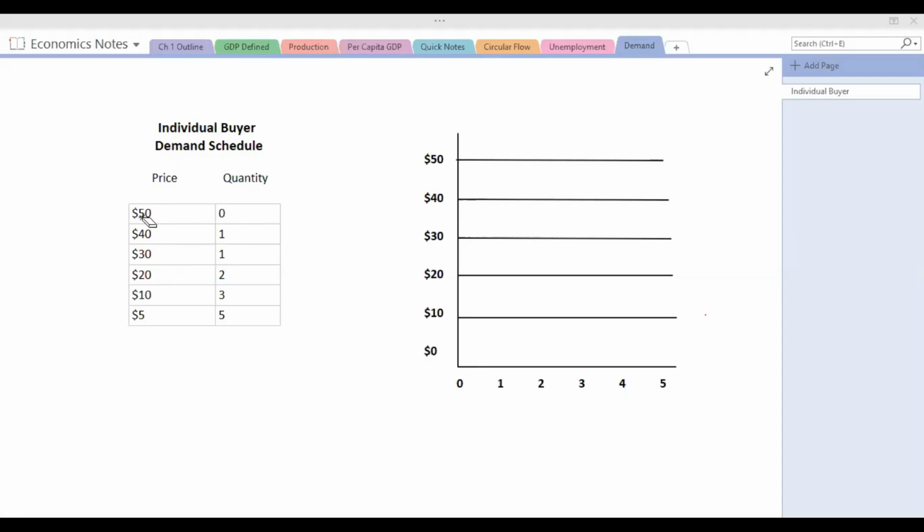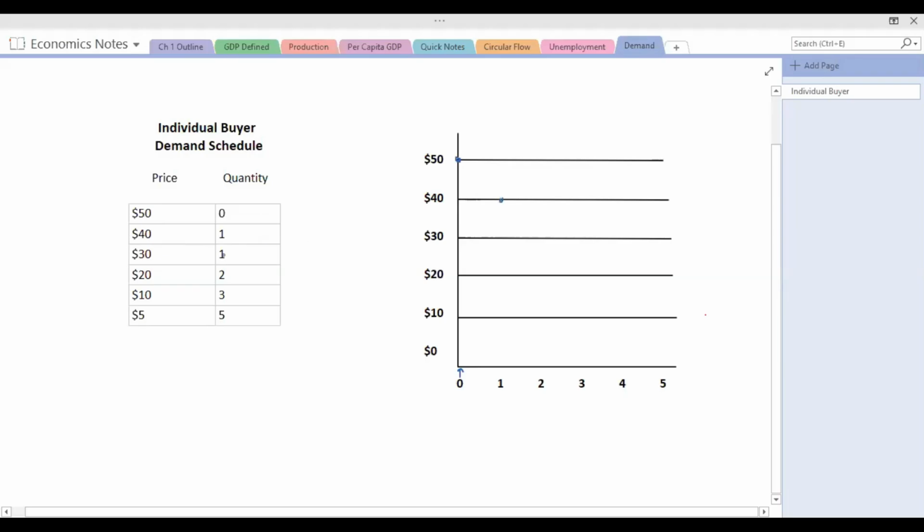All right, so at $50, since that is such a high price, the consumer is willing to buy none of these products, zero of the products. Here's the zero right here. Let's go all the way up and put a mark right there. Now, at $40, the price is a little bit lower, so the consumer might be willing to buy one product right here.